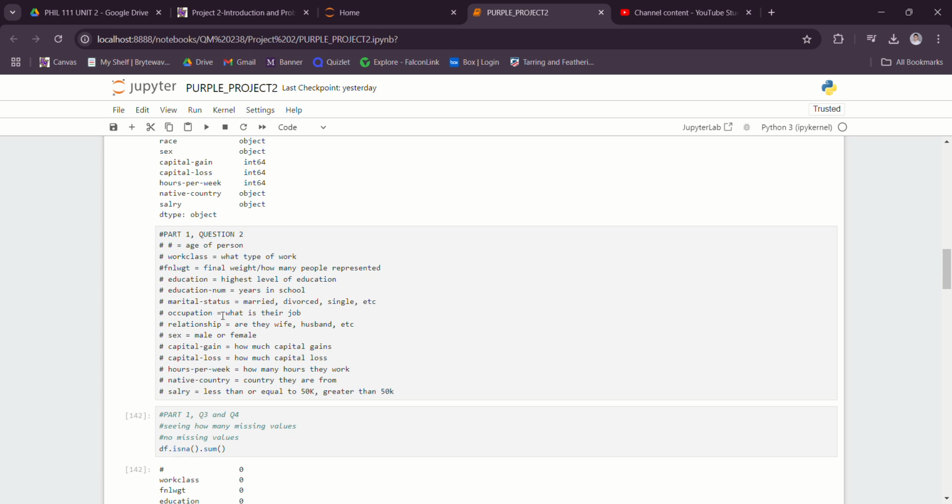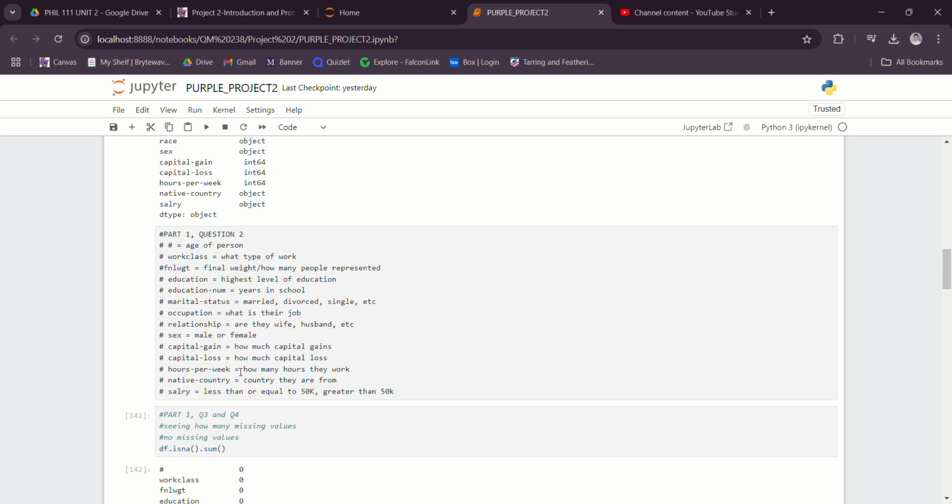Occupation, what is their job? Relationship, are they a wife? Are they a husband? Etc. Sex, are they male or female? Capital gain, do they have any capital gains? If so, how much? Do they have capital loss? If so, how much?